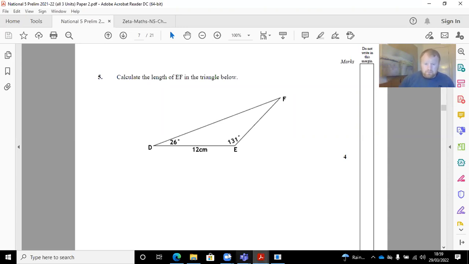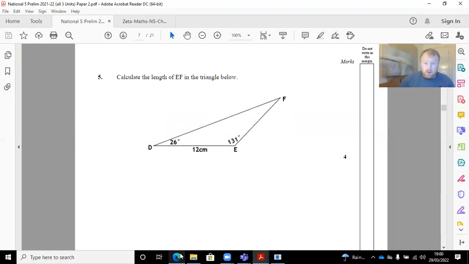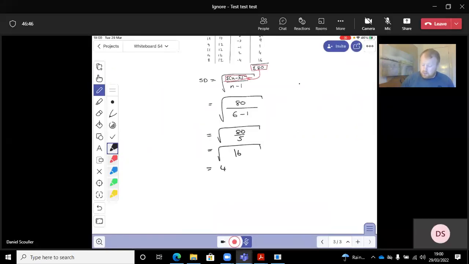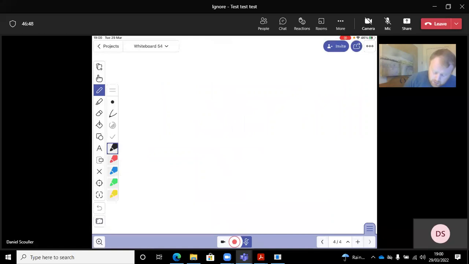Too many people tried to apply Pythagoras to non-right angled triangles.